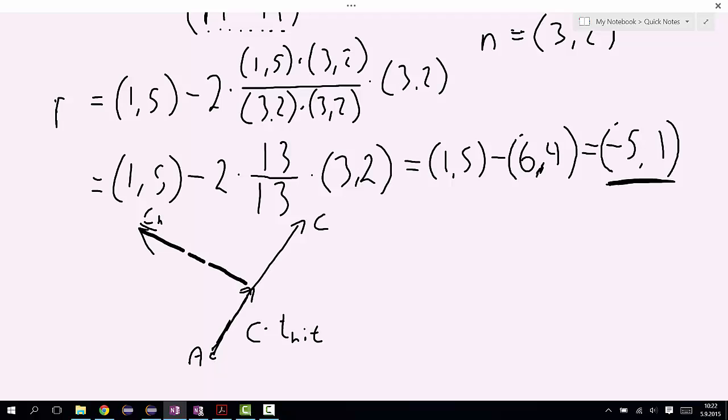We can just call it c new. But it has to travel that vector. So c new times 1 minus t hit, which is the rest. Or, as I said before, in the case of using the frame time, it will not be 1 minus t hit, but frame time minus t hit, or delta time minus t hit.